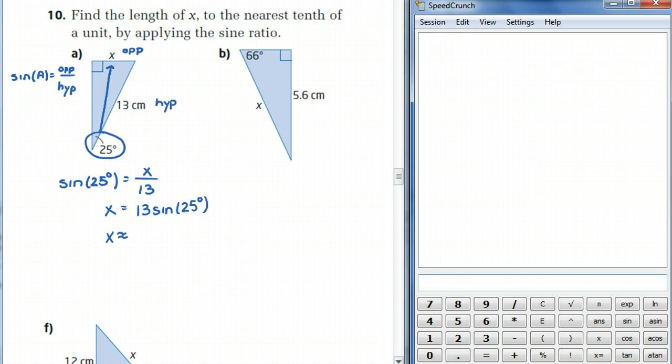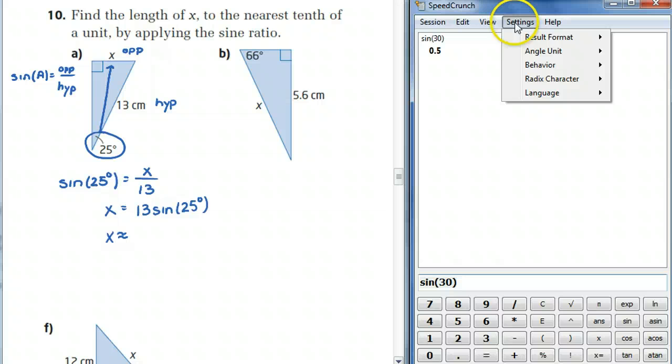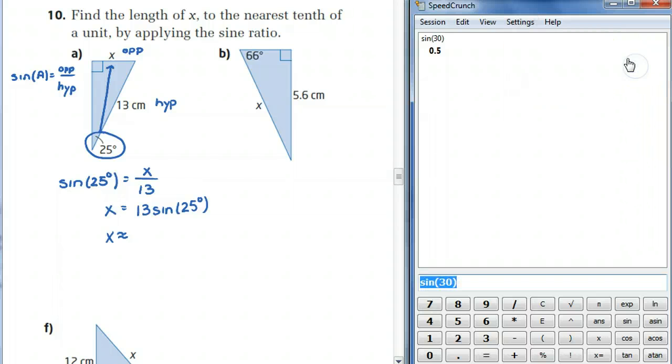So one way to check is to memorize that sine of 30 degrees is 0.5, 1 over 2. Whenever I get a calculator out, and if I'm not sure, I always take sine of 30 and confirm that in fact I am in degree mode, because I get 0.5. It's really important that you go and check to make sure you know how to change your angle measurement. So you see here I can be in radians or degrees, and I'm in degrees.